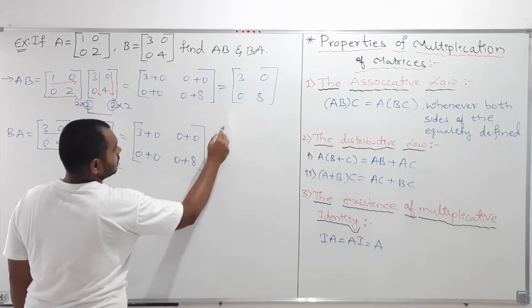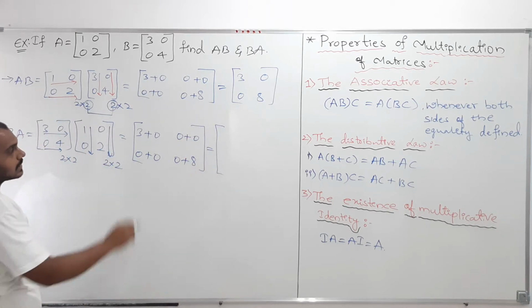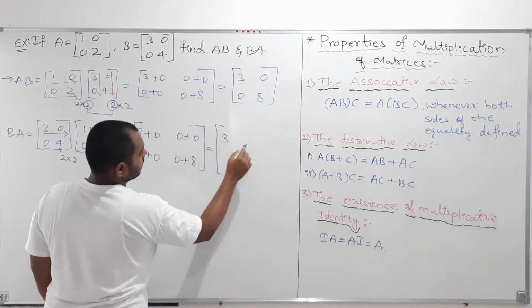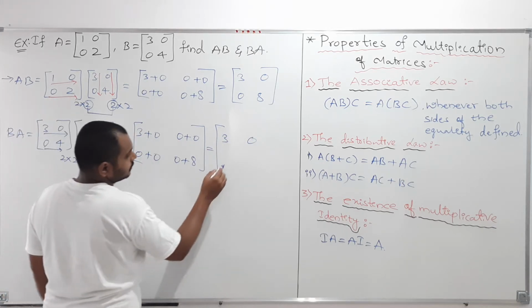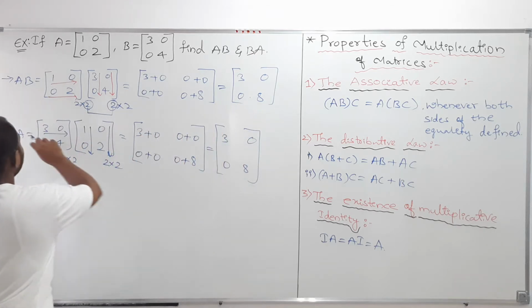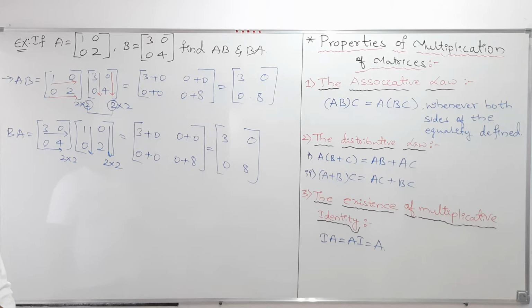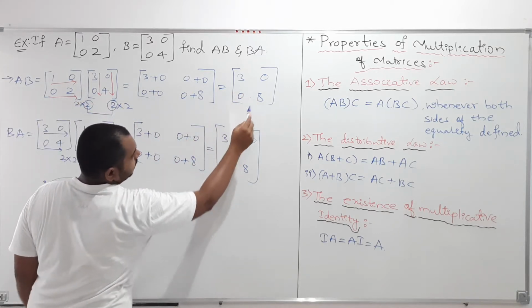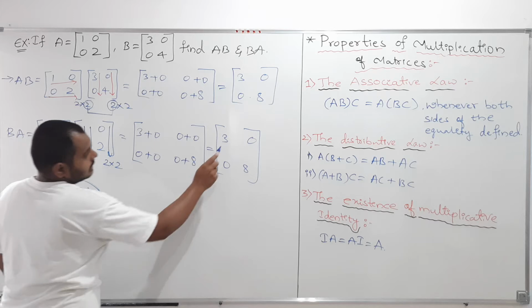So my dear students, if you simplify this, you will get 3 plus 0 is 3, 0 plus 0 is 0, 0 plus 0 is 0, 8 plus 0 is 8. This is your AB value and this is your BA value. By observing this, we can say that AB is equal to BA. Here the AB value is [3 0; 0 8] and the BA value is [3 0; 0 8].